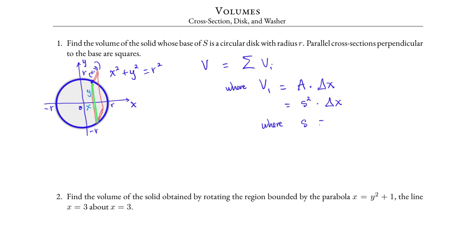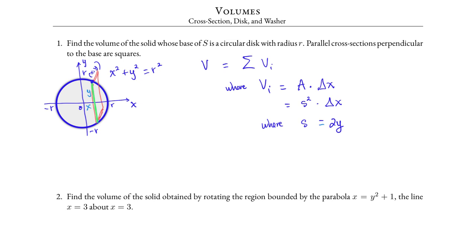So we can see that the side of the square is twice the y distance. Thus S equals 2y.